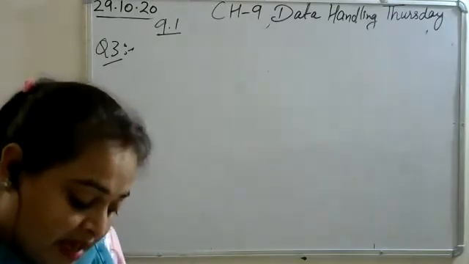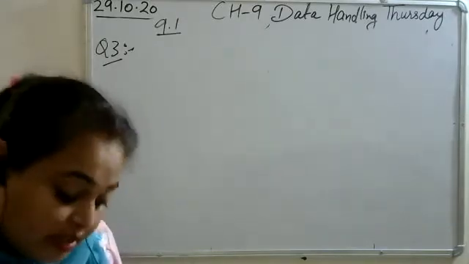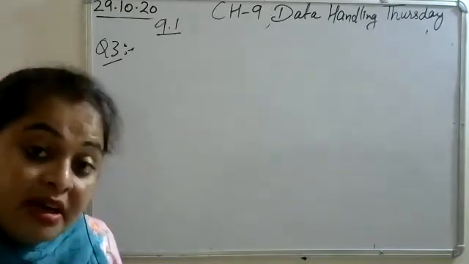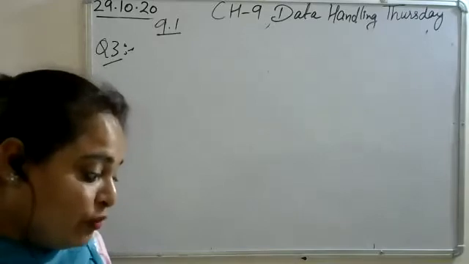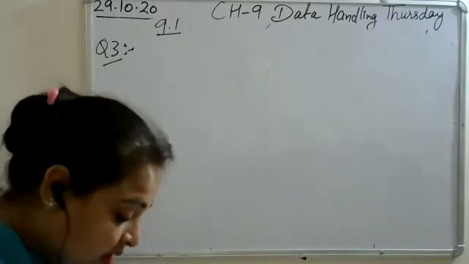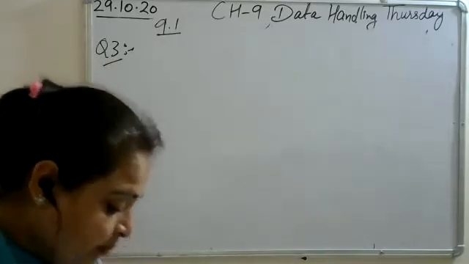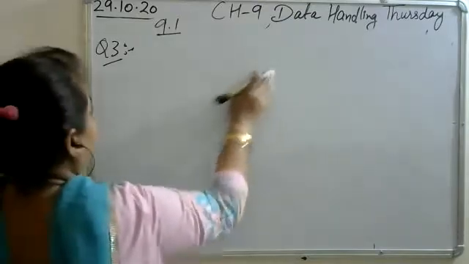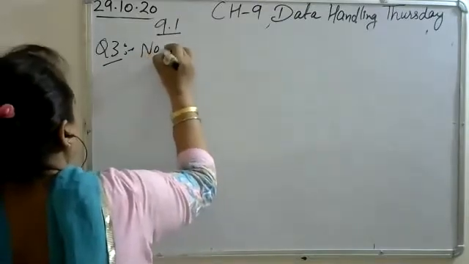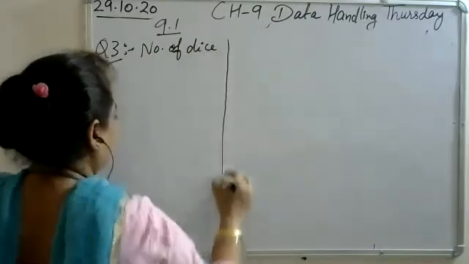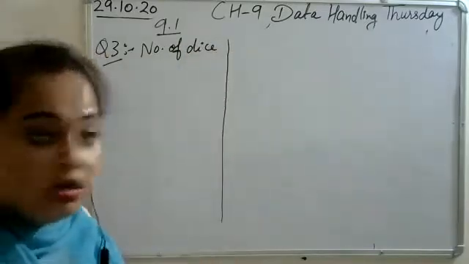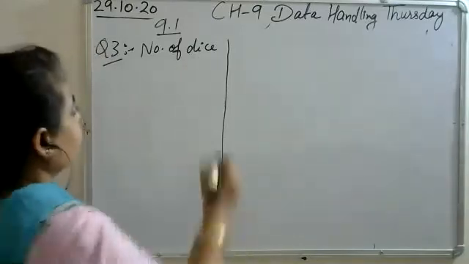Make a table using tally marks. Find the number that appeared. A, B, C part is given. But first of all, we will make a table. In the table, you will write number on dice, because the question is based on dice.